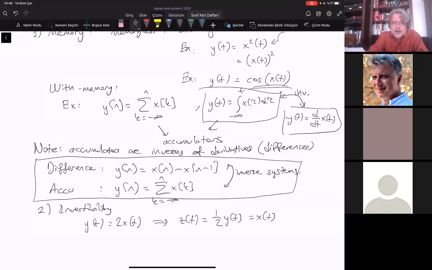So are difference operators memoryless? Yeah, there's a question. That's a good question, actually. It looks like memoryless, but actually in the discrete sense, if you think of it, they are with memory, because it is x of n minus x of n minus 1. So it requires x of n minus 1. It requires one memory, not infinite memory, but it requires one memory.